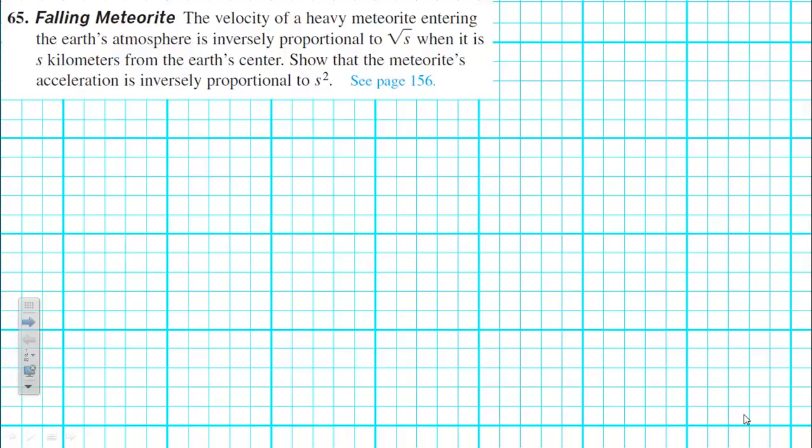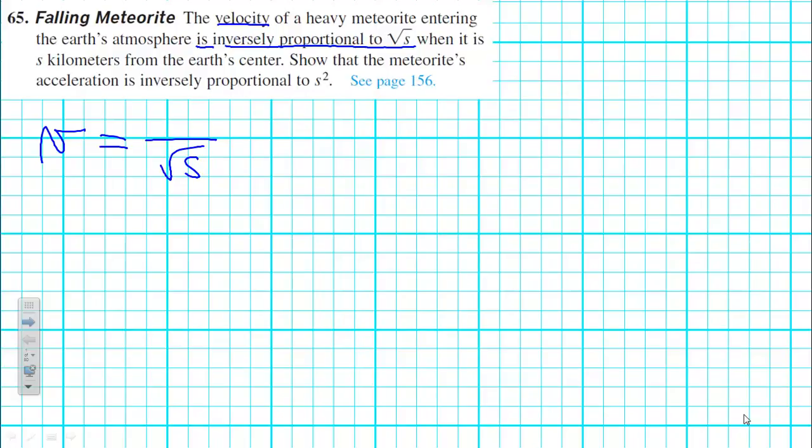The velocity of a hovering gradient to right entering the interceptor is inversely proportional. Velocity is... translating the words into symbols. Inversely proportional, which means the square root of s is on the bottom.